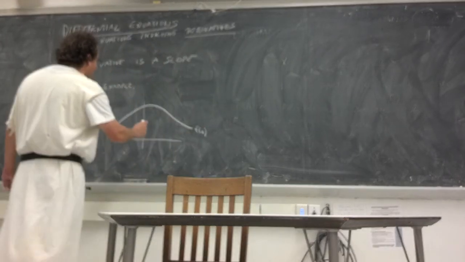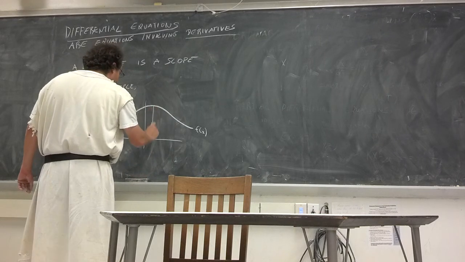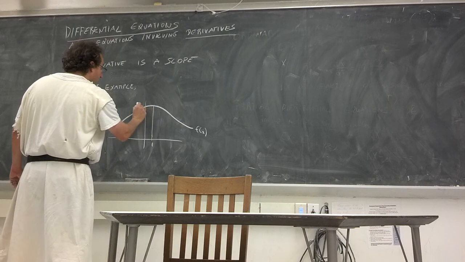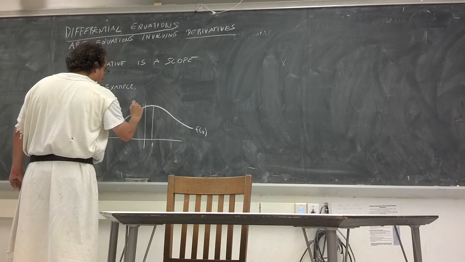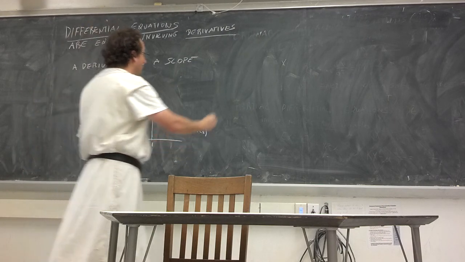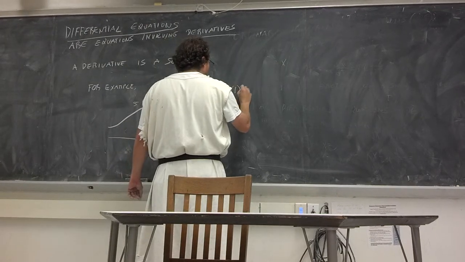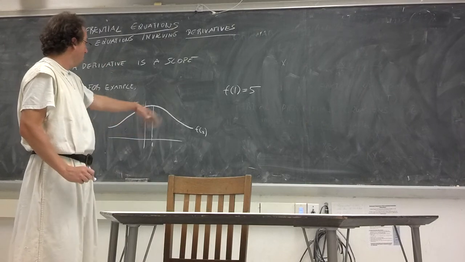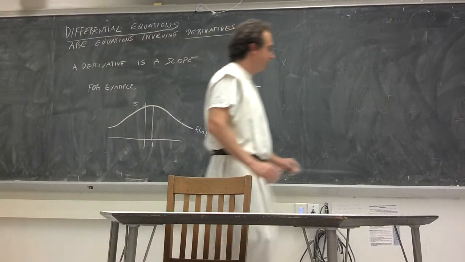It looks like this might be maybe 1. And at this point here, this might be maybe 5 or something. So f of 1 equals 5. What's the slope?